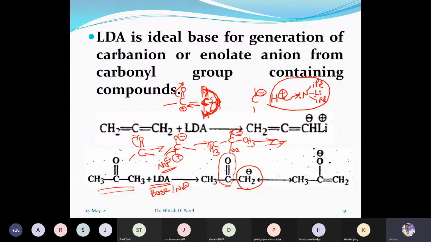Carbonyl. So oxygen now pulls electrons and this electron will migrate over here. As a result you will get C double bond C over here and oxygen having a negative charge, O minus. So here LDA acts as a deprotonating agent, and then the further reactions take place with the support of various chemicals. But what is the role of LDA here, that I have explained.